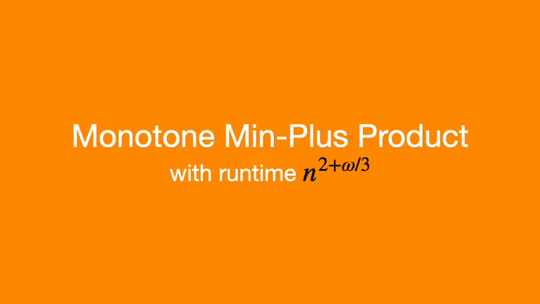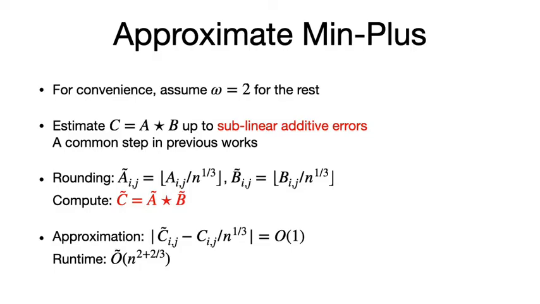I will first describe a toy version of our algorithm, which achieves a weaker bound of (2 plus omega) over 3. For the rest of this talk, let's assume for simplicity that the fast matrix multiplication exponent is 2. The first step is to estimate the min-plus product up to some sublinear additive errors.